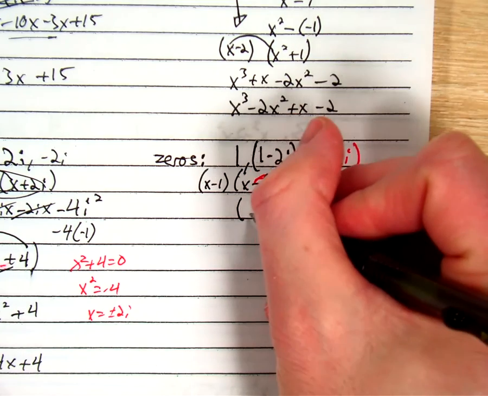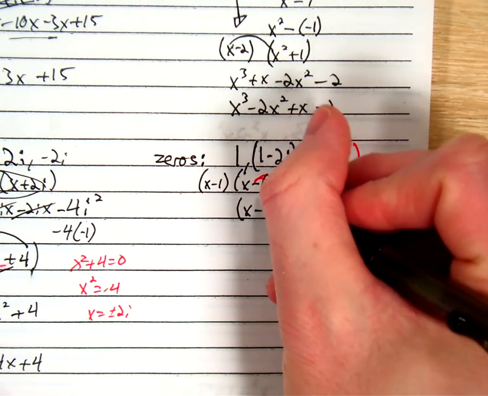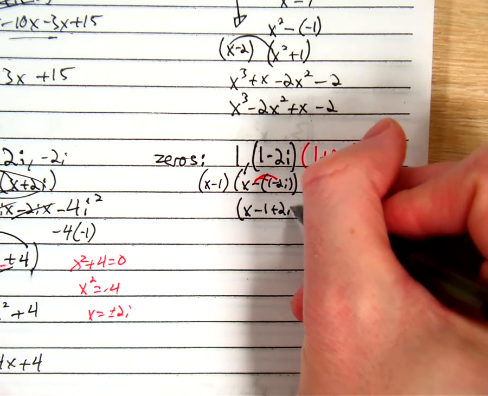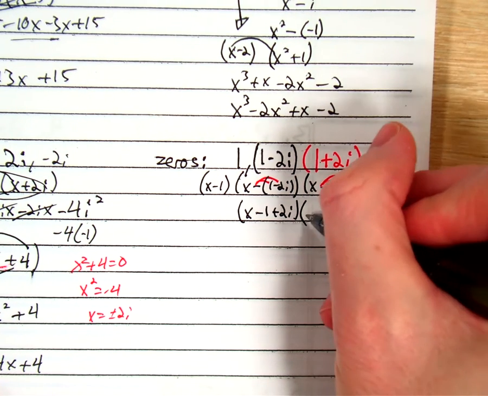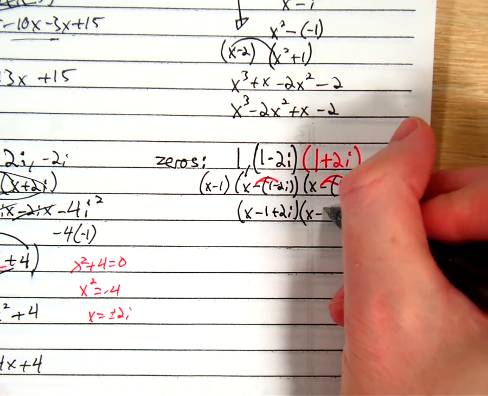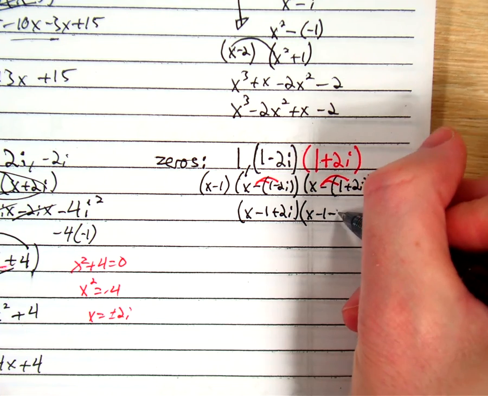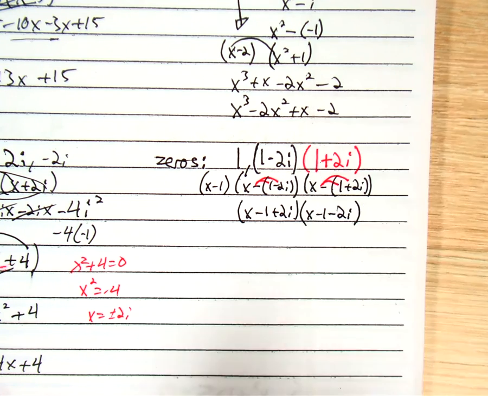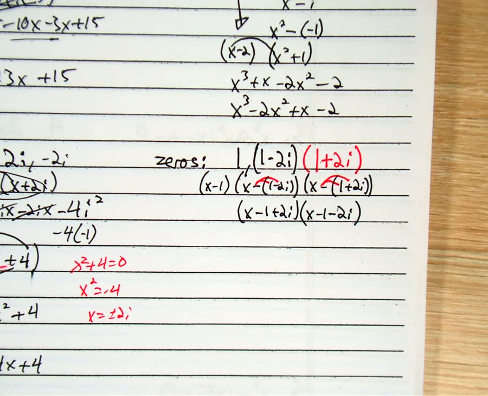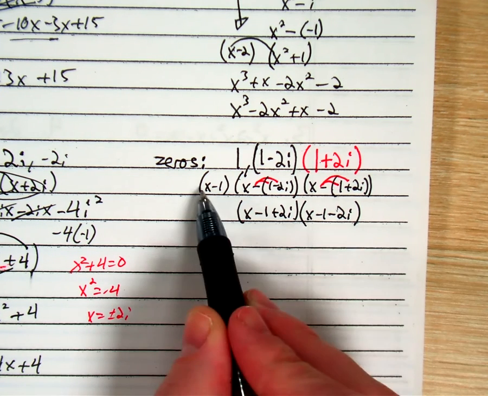So now I have x minus 1 plus 2i and x minus 1 minus 2i. And now we have 3 things times 3 things. This is going to be a lot. We're going to have 9 things total. Then we have to combine and bring this x minus 1 down.